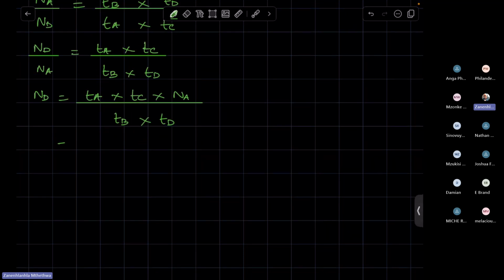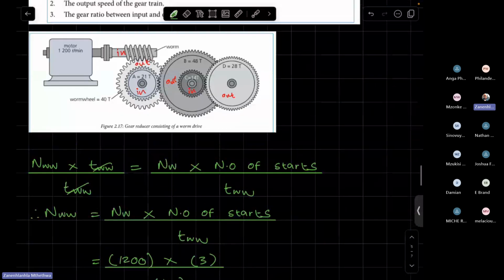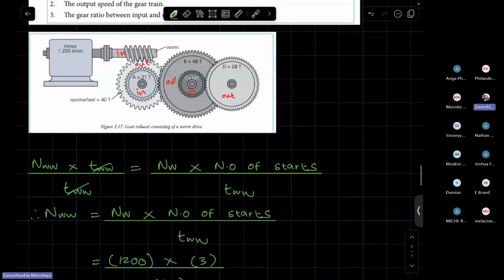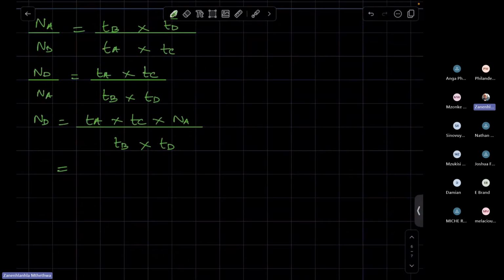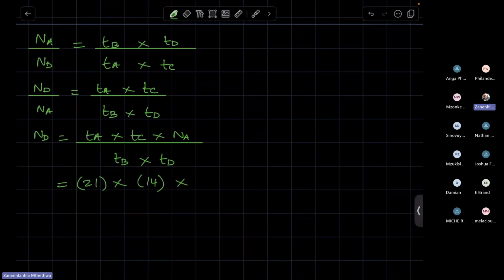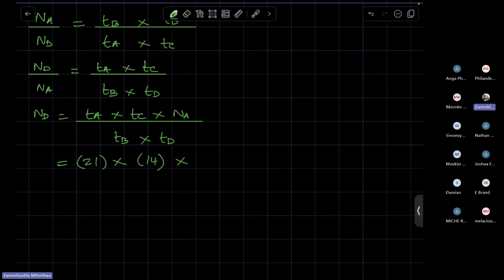Now all we do is substitute. In substituting, we look at the number of teeth of A, which is 21, and the number of teeth of C, which is 14. So this is 21 times 14 times NA. NA is fitted with the same shaft as the worm wheel. The worm wheel, when we calculated its rotational frequency, we got 90.